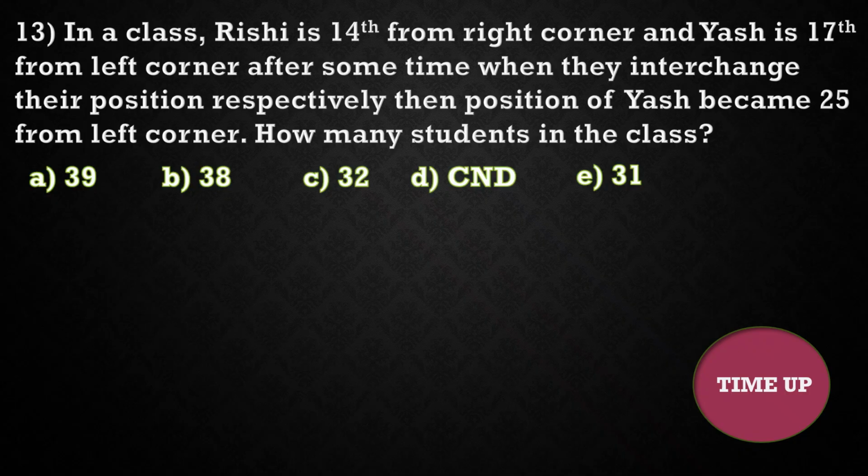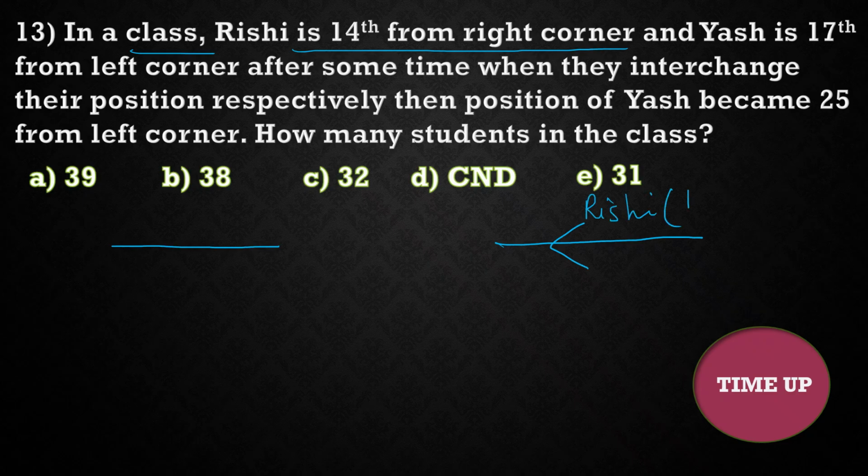What they are saying here is that in a class, Rishi is 14th from the right corner. Right corner, that's why I've marked the arrow this way, because he is placed at the right corner. Yash is 17th from the left corner.